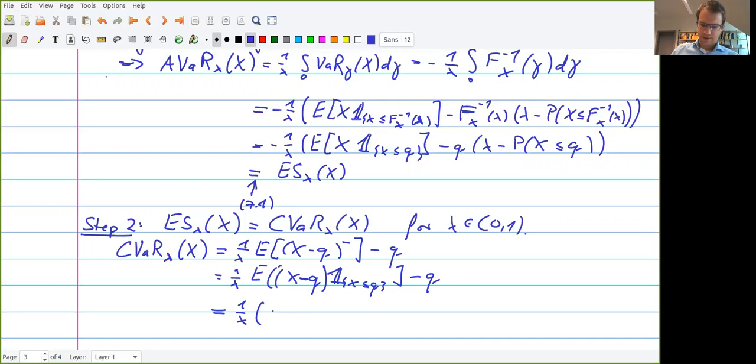So we can calculate the expected value a bit further. I need to swap the sign, sorry.